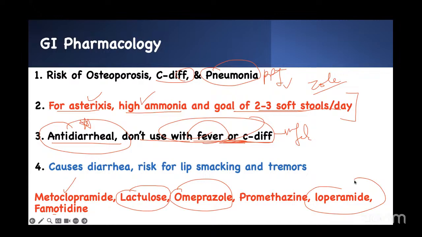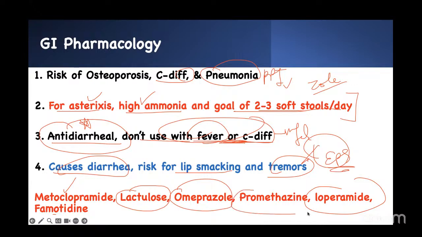And the last one causes diarrhea, and there's a risk of lip smacking and tremor. Lip smacking and tremor, this is an extrapyramidal side effect. Which medication causes extrapyramidal side effects? Promethazine and metoclopramide are medications that can cause extrapyramidal side effects.